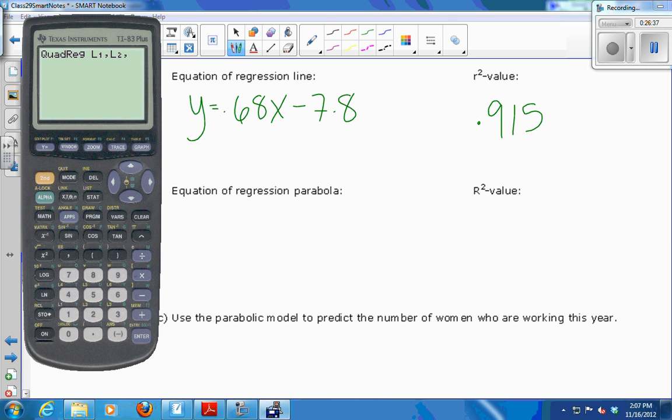And then instead of using y1, I'm going to use y2 because I want to keep the line that I have in y1 there. So there's already something in y1, so I'm going to put the result of this into y2. So I'm going to do vars, Y-vars, function, y2. Hit enter, and it gives me the equation of a parabola.